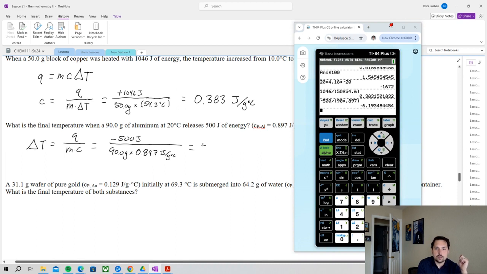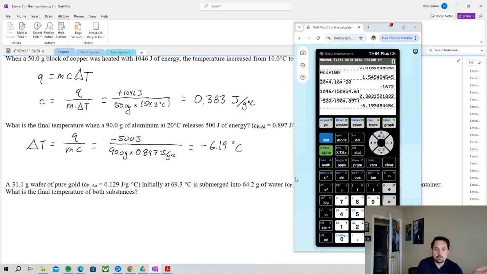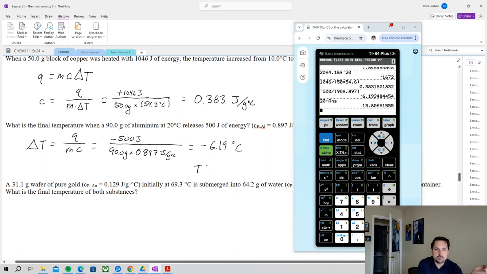Okay, so the final temperature is going to decrease by 6.19 degrees Celsius, so 20 plus that value. So the final temperature is going to be equal to 13.8 degrees Celsius.